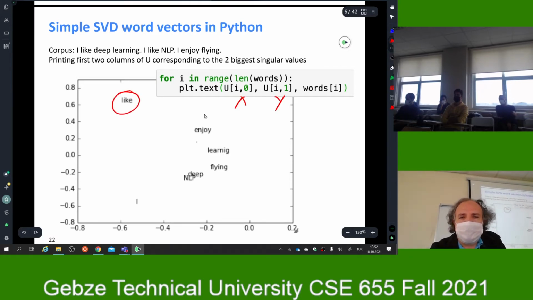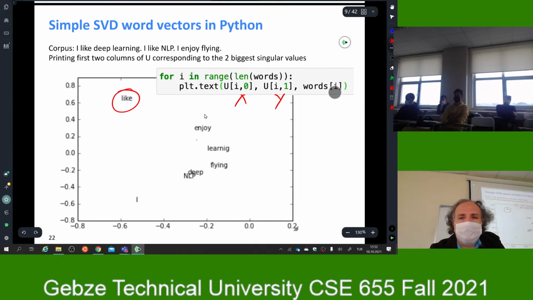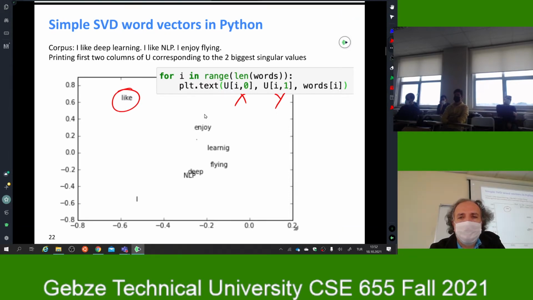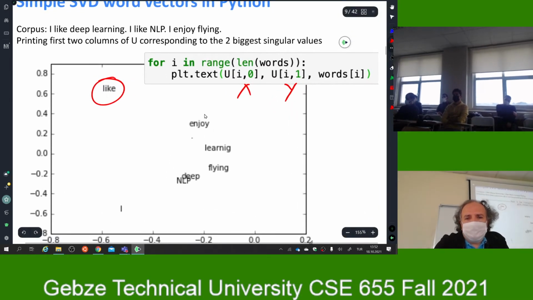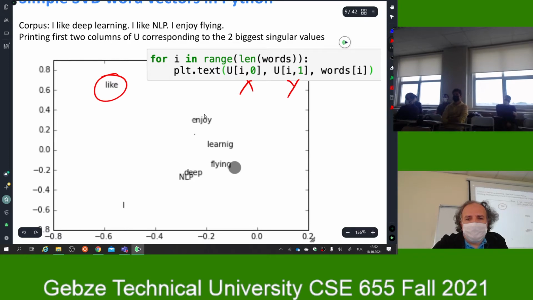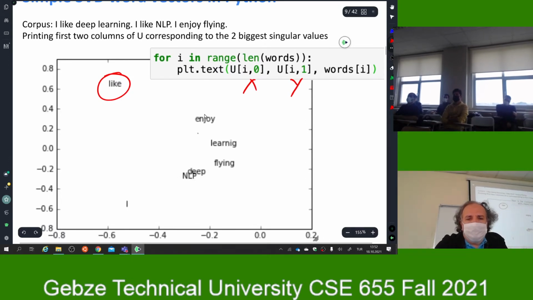So for the ith element, let's say like is element number 0, print this element number 0, which is like, at this position U 0, 0 and U 0, 1. So I am taking just 2 elements of the 8-dimensional vector. So it looks like is here, enjoy, learning, flying, deep, and NLP, and I is here.